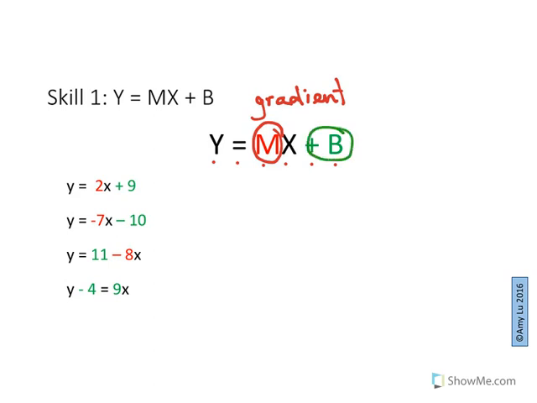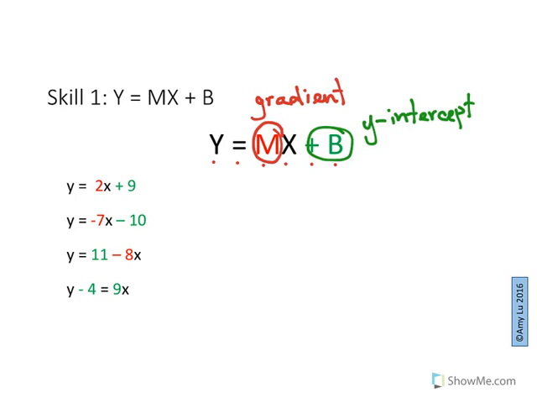And plus b, it could also be minus b, is always your y-intercept, meaning where the line crosses the y-axis. So simply by looking at an equation, you should be able to automatically identify your gradient and your y-intercept.